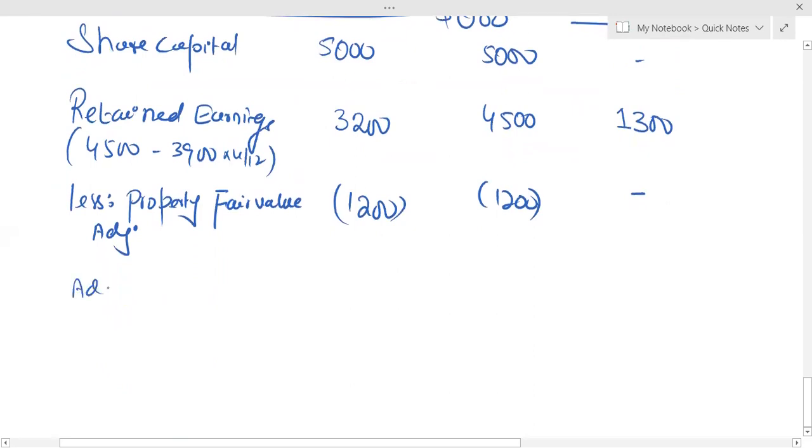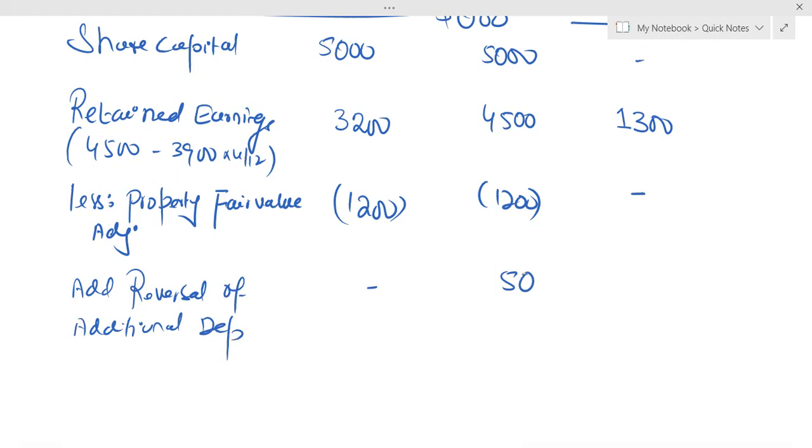So we'll add reversal of additional depreciation. Actually, your subsidiary is depreciating more amount. Rather, it should have depreciated less amount, because the 1,200 decrease is not considered in its individual books.